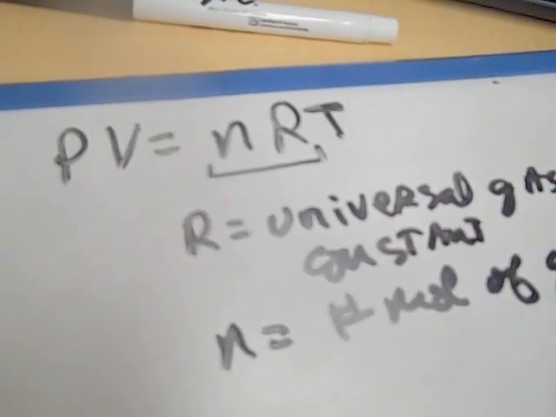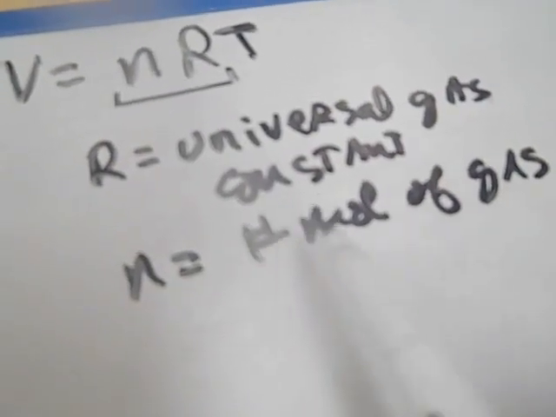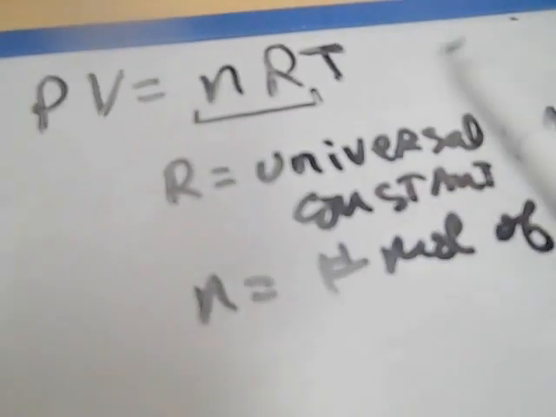Now, one thing to note is that there are some advanced problems where the number of moles of material do change, but for problems that we'll talk about in this class, they will not change.